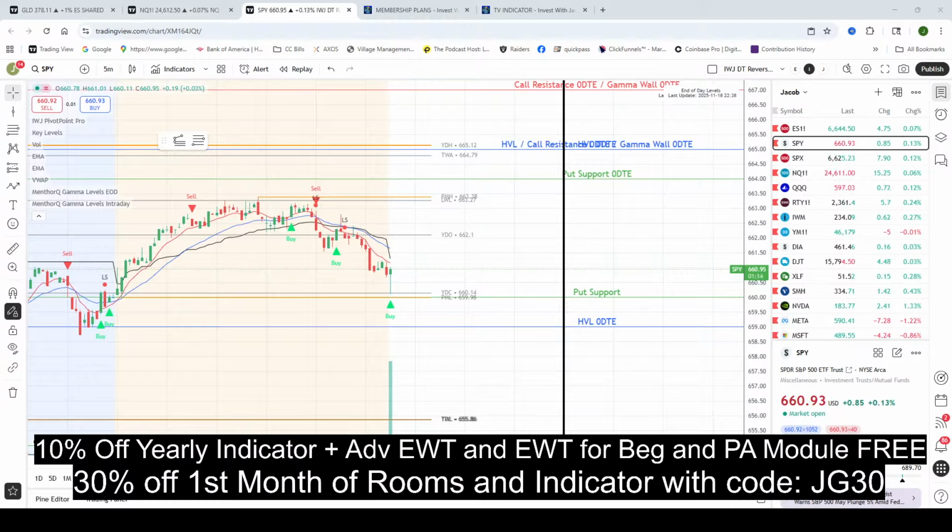So it's basically 280 plus 28, 308. Okay. We're going to move our stops up to 660.45 here. And at 322, we'll move them to break even.